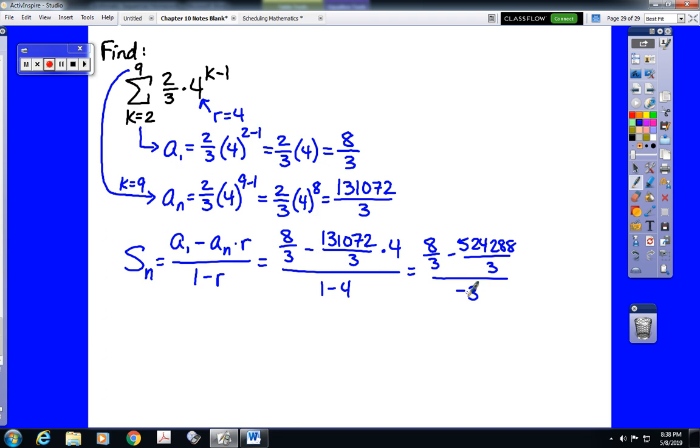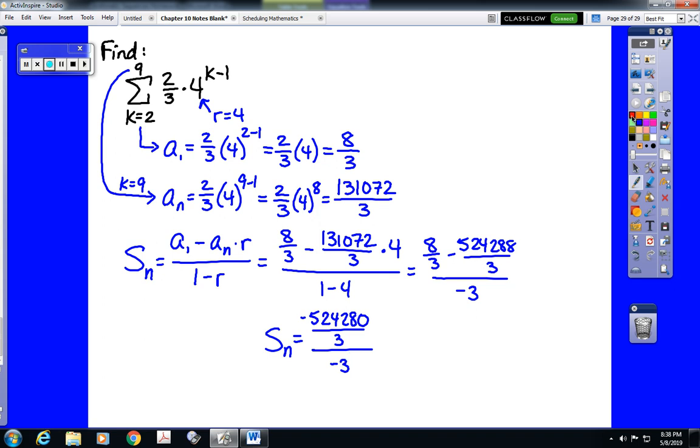Now those have a common denominator already, so we subtract the numerators, and we get that S sub n is negative 524,280 over 3 divided by negative 3.